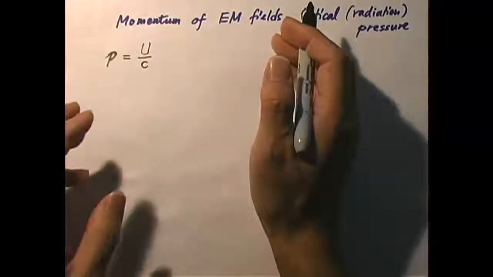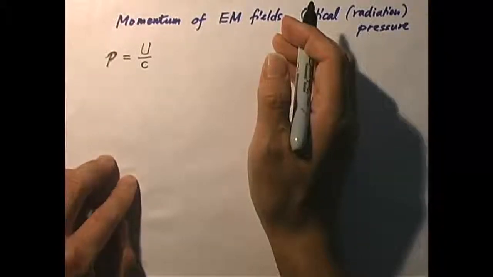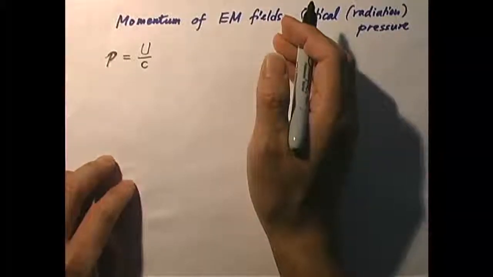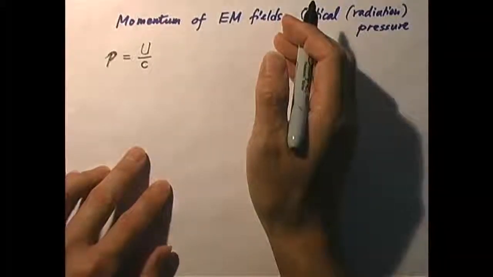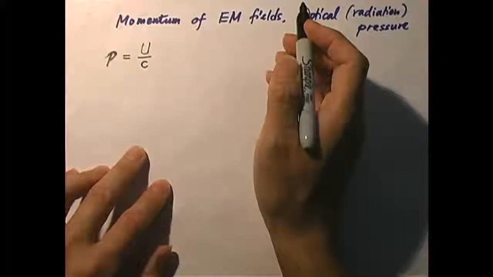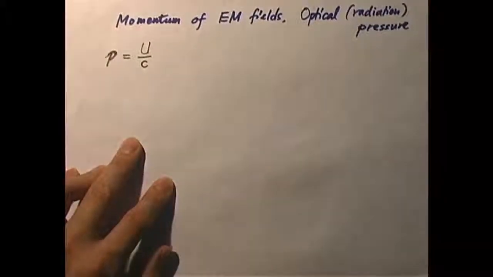When that momentum gets stopped or reflected by the mirror or by the wall, how much pressure does it exert on the wall? This is something we care more about. This is, by the way, called optical pressure. And of course, pressure is the force delivered by the electromagnetic field divided by area, right?